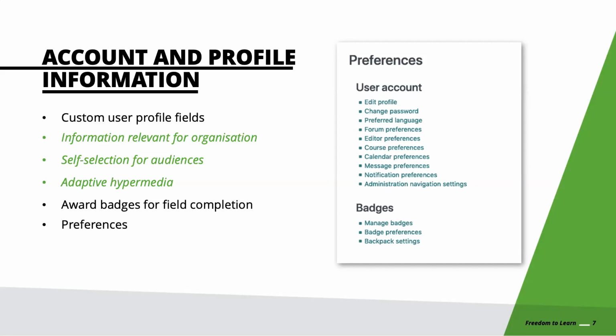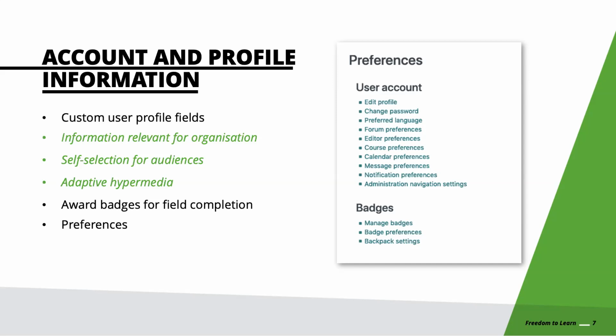And this boils down to something that the internet likes to call adaptive hypermedia, which is essentially a fancy word for the more information that a user provides about themselves, the more tailored and personalized the system can be for them. So if they enter a bunch of voluntary information, you can use it to pull them into a dynamic audience and give them better recommendations, filter the catalog in a different way and present them different dashboards.